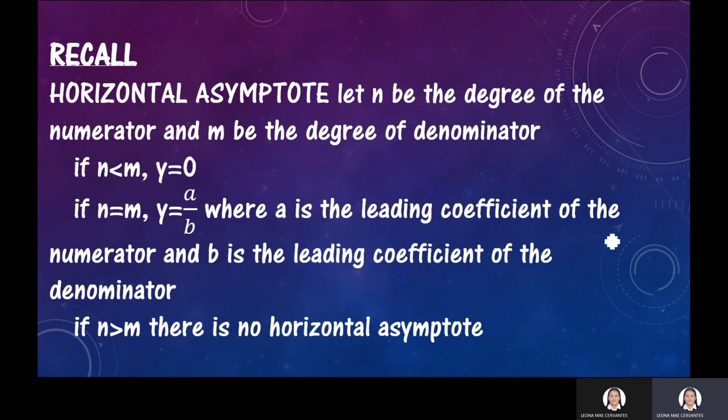If n is equal to m, then y is equal to a over b, where a is the leading coefficient of the numerator and b is the leading coefficient of the denominator. If n is greater than m, there is no horizontal asymptote.